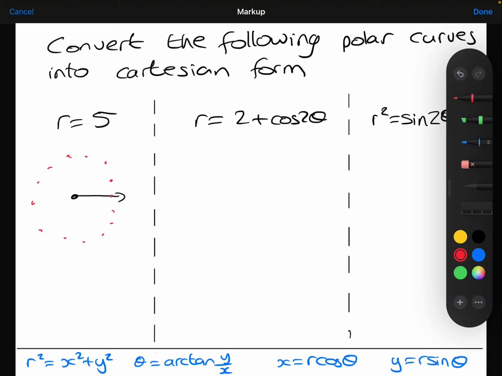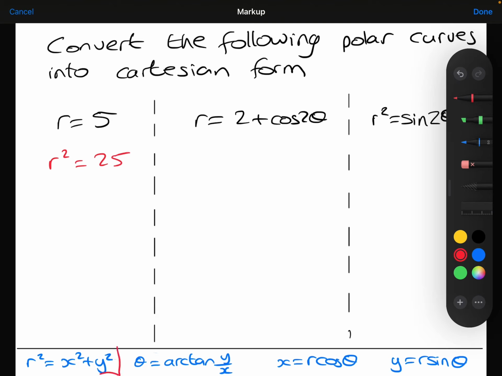So this is a circle. Centre is on the origin. The radius is 5. So straight away you might be thinking, well, I know that's going to be x squared plus y squared is equal to 25. Alternatively, we could do that a slightly different way. If I square both sides, I could say that r squared is equal to 25.